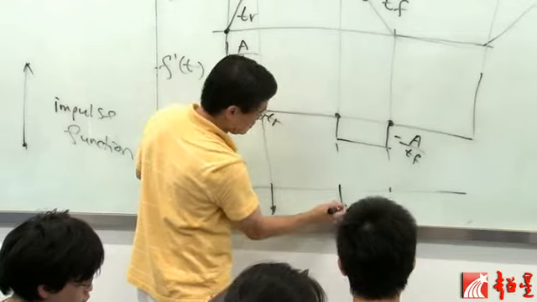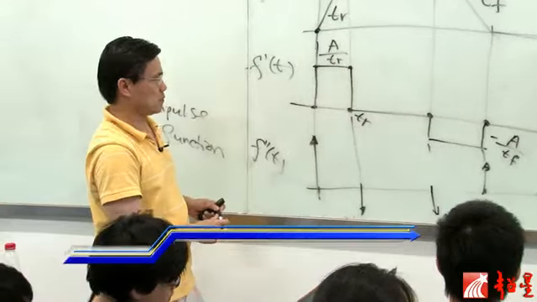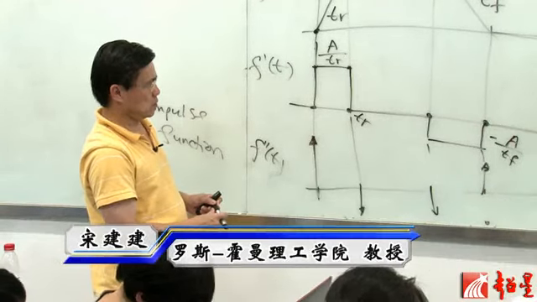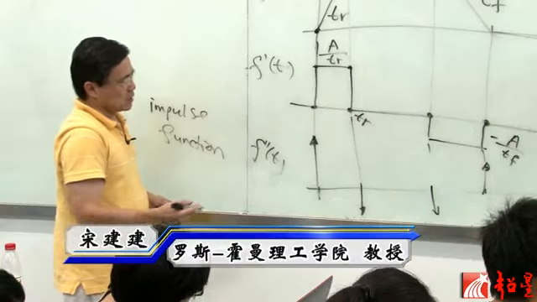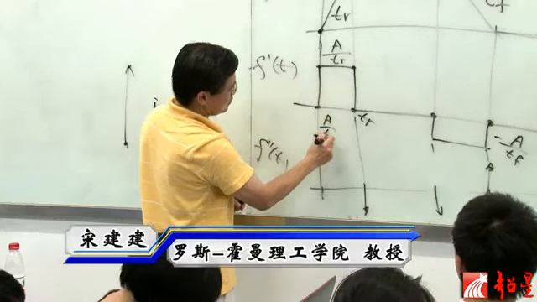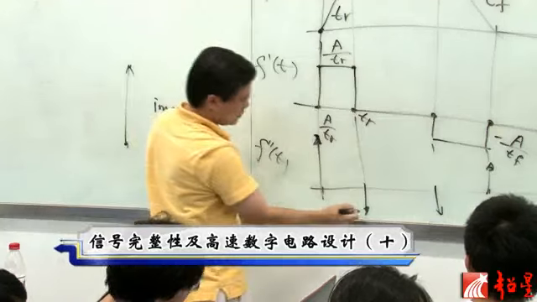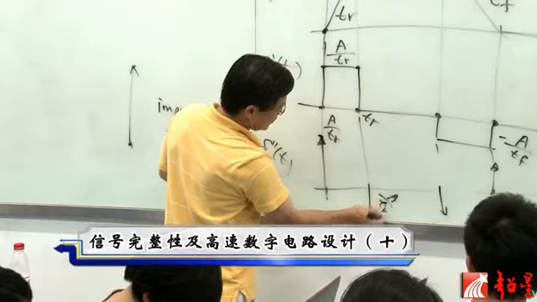This one goes down, this one goes up. The amplitude of this is A over t sub r, and the amplitude of this is also A over t sub r.